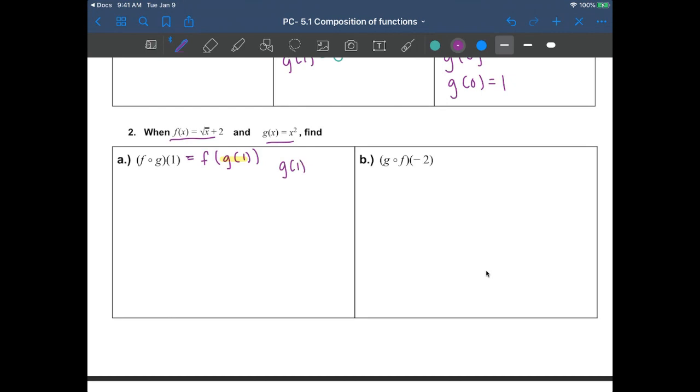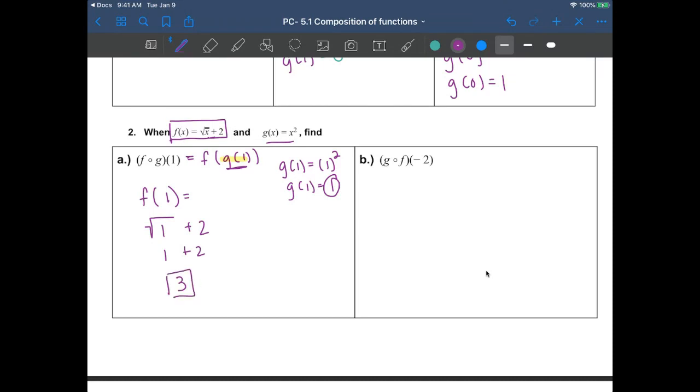So g of 1 is equal to 1 squared, so g of 1 is equal to 1. I'm going to take this and plug it in for my output here. So f of 1. Now I look at my f function and substitute in the 1 where there's an x. So the square root of 1 plus 2. 1 plus 2 is 3.